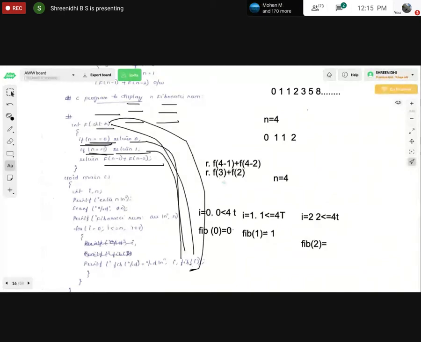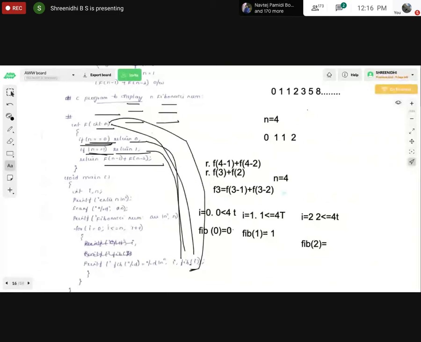Again I will be decomposing this problem. f of 3 will be equal to f of 3 minus 1 plus f of 3 minus 2.